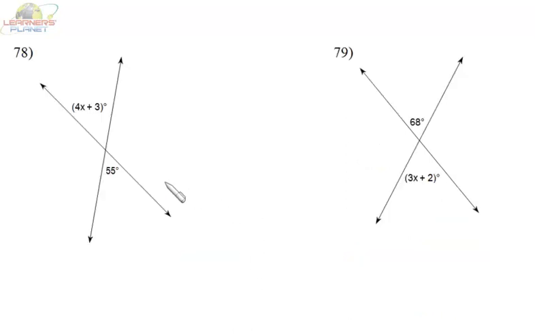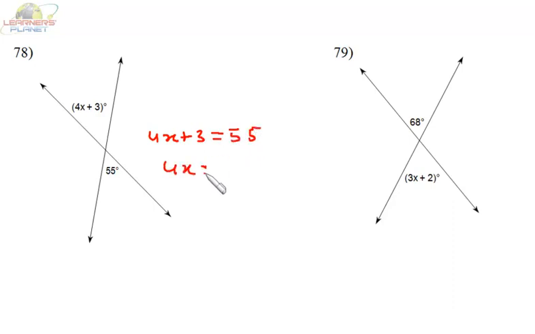Now here we can see these two angles are vertically opposite. Whenever you see a shape of x, you can say that the opposite angles are vertically opposite angles. Okay, so 4x plus 3 and 55, both of them are vertically opposite angles, and vertically opposite angles are the same. So 4x plus 3 is equal to 55.